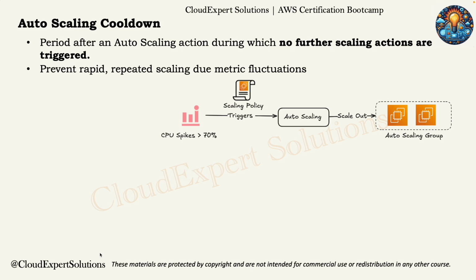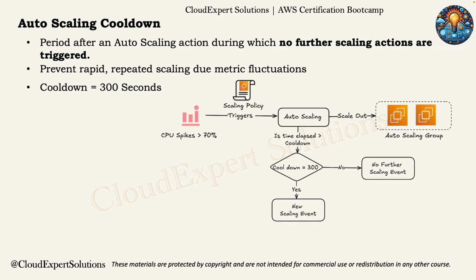Suppose our CPU usage spikes above 70%, which will create a scale out, adding one more instance to the target group, and we have a cooldown period of 300 seconds. This will ensure that the auto scaling group waits 5 minutes before considering another scale out event.